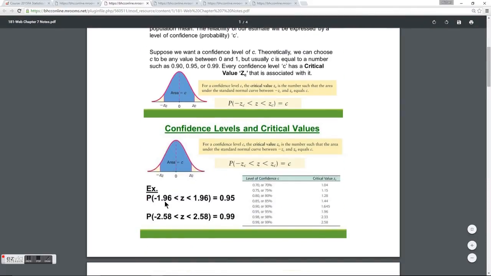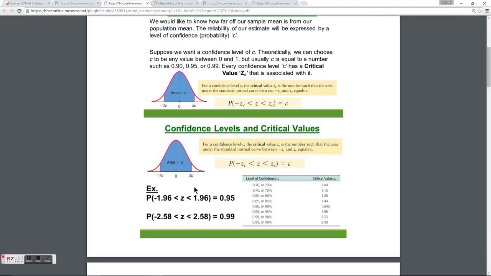For instance, let's consider z equal to 1.96. Remember that z values refer to how many standard deviations I am away from the mean. On the normal curve, the area between negative 1.96 and positive 1.96 is equal to 0.95. Another way to think about this is that the probability that any normally distributed variable is within 1.96 standard deviations from the mean is approximately 95%.